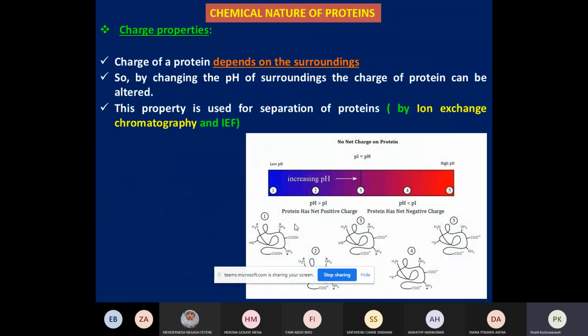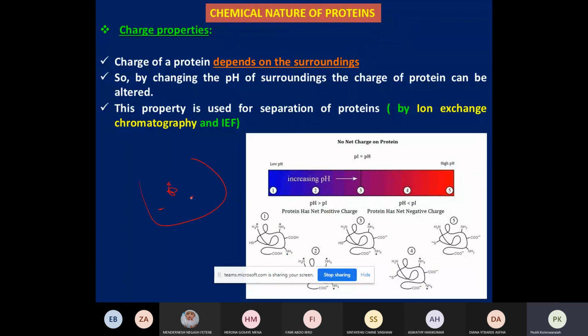Then coming to the charge properties of proteins, we have already discussed the amino acid titration curve, where we have already clearly mentioned that the charge on the amino acid is dictated by the pH. We have already clearly seen how the charge changes when we titrate any amino acid with alkali. In the same way, the charge of the protein also depends on the surrounding medium.